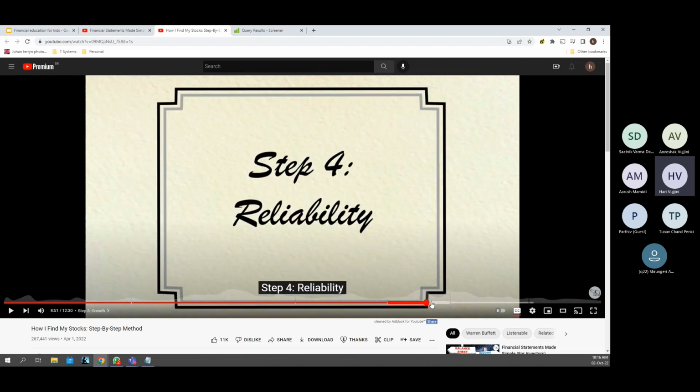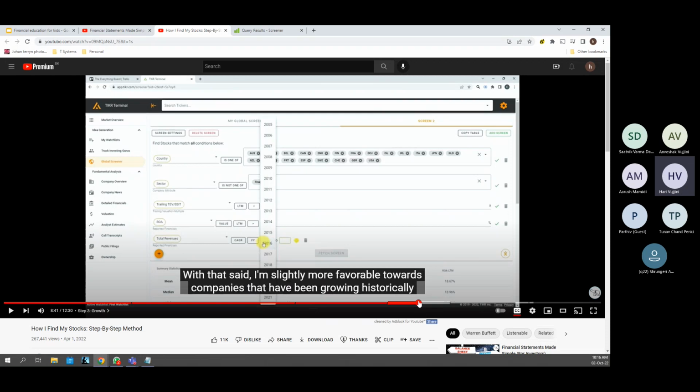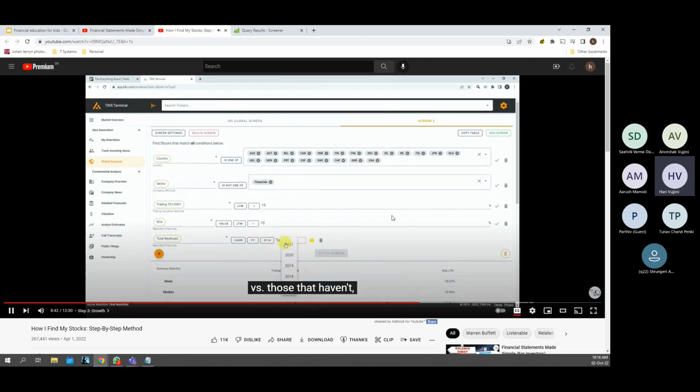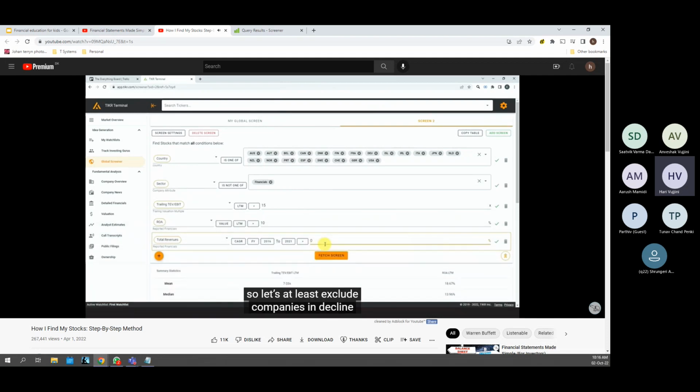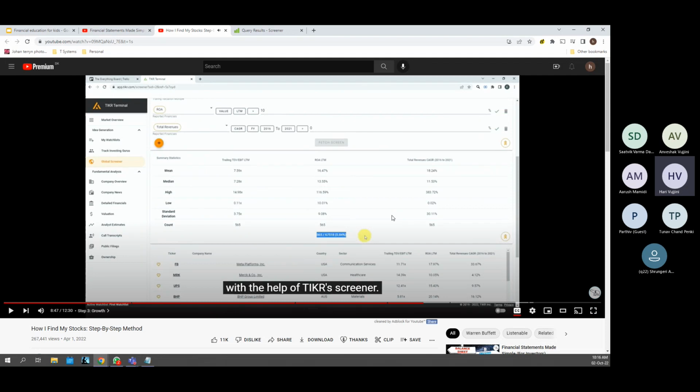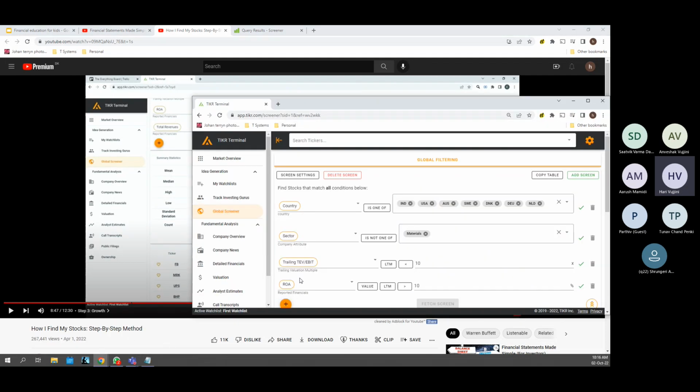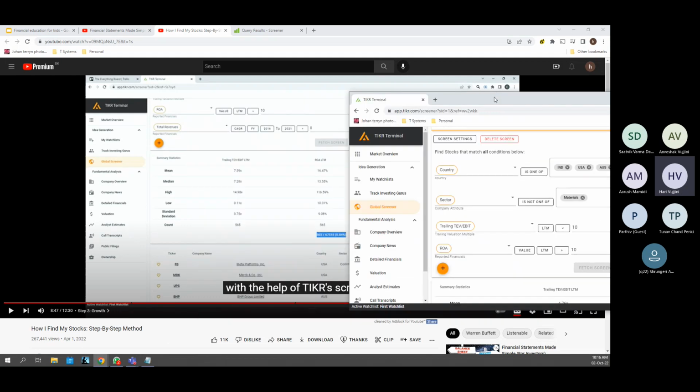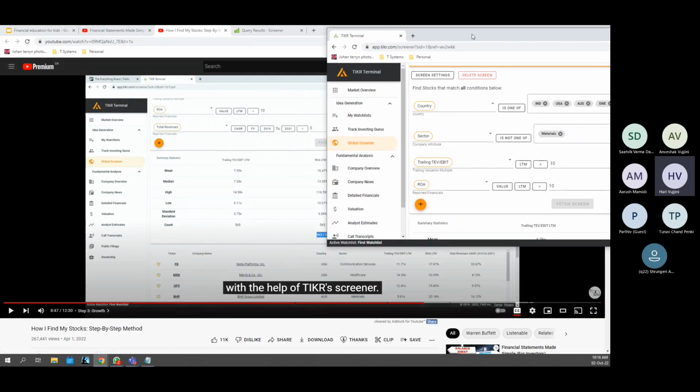So let's filter out all the companies. Here, growing historically versus those that haven't. Let's at least exclude companies in decline with the help of Ticker's screener. So let's take all the companies which have been growing revenues.